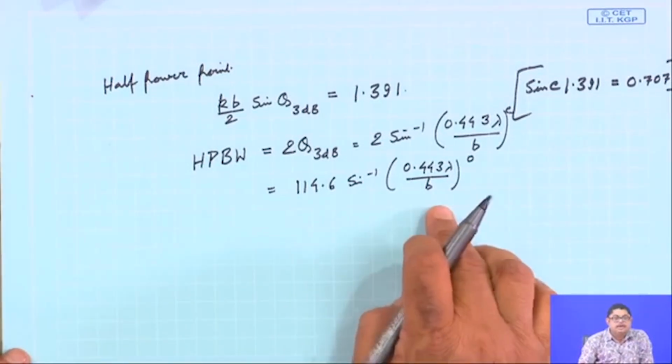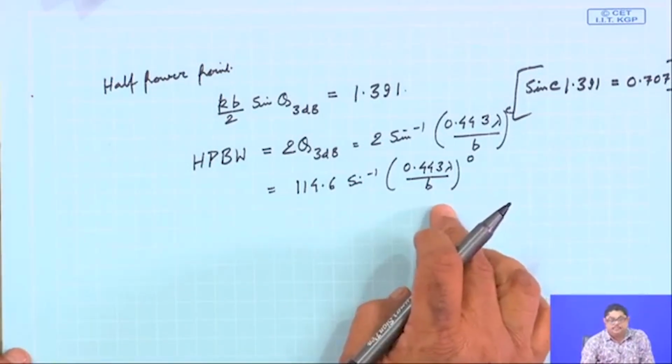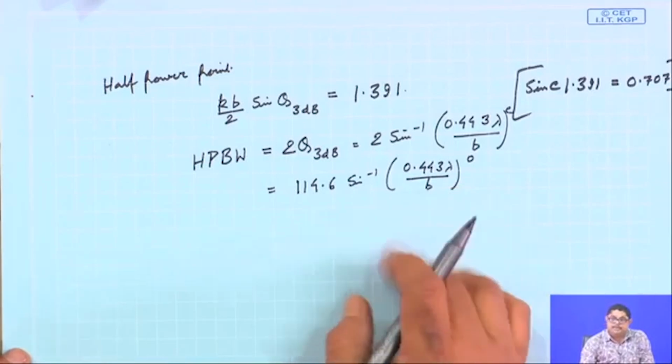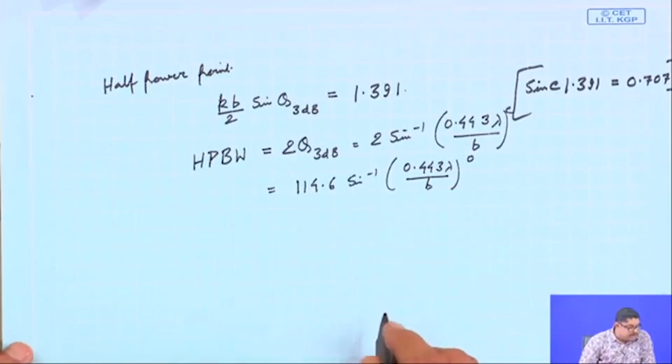So, if you know b in terms of lambda, you can easily find this.